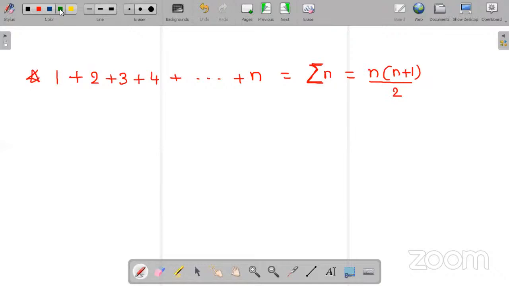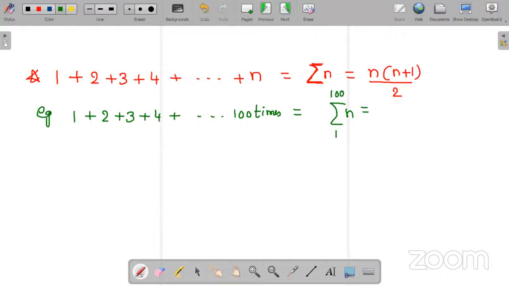For example, you are asked like this: 1 plus 2 plus 3 plus 4 and so on, 100 terms. Here n is equal to 100. So we can write sigma n from 1 to 100.